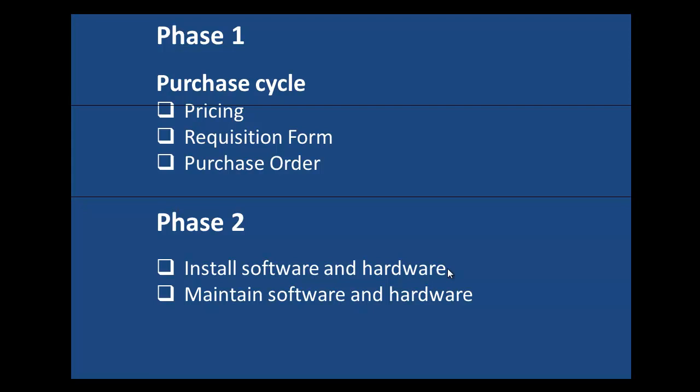And then that hardware or software has to be shipped or brought back to the company. Then there's phase 2. When the software or hardware arrives, the admin staff will have to install it, and they also have to maintain the software and hardware. All of that is a cost to the company.